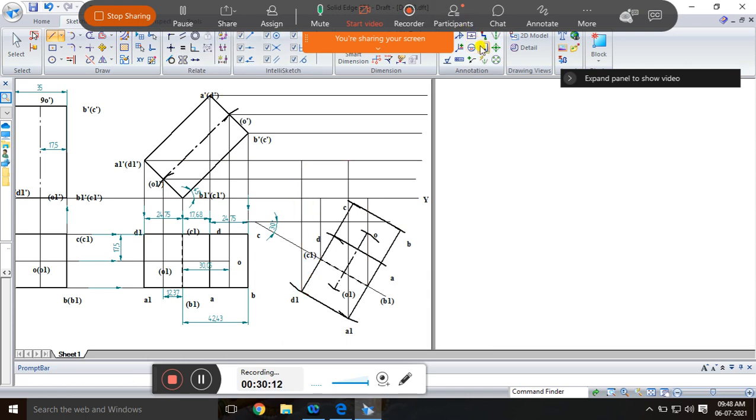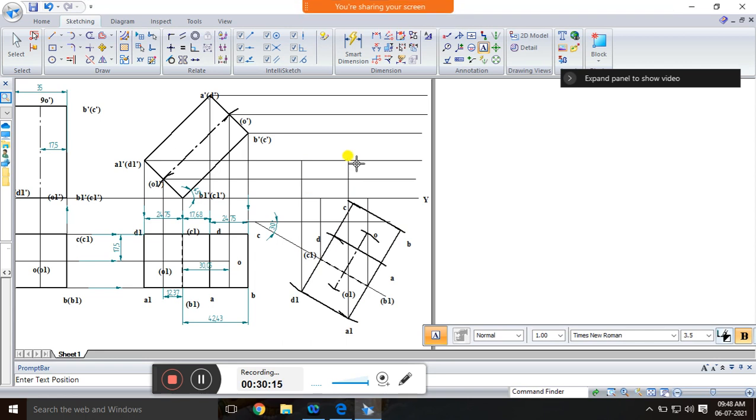So this is what we can call A 1 dash, B 1 dash, this is C 1 dash, and D 1 dash. So these are visible. So first draw visible from A to B, B to C, C to D, D to A. First you draw.